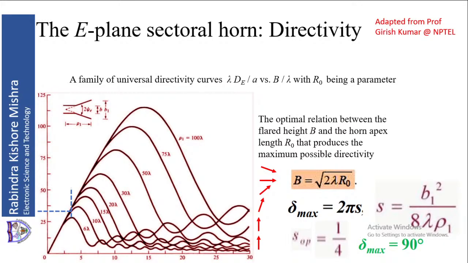Then the other point is we'll consider the principal plane pattern, and we'll see what is happening in this case also. As in the previous case, we can sacrifice some gain but with less phase error. So we go for less phase error, so efficiency will increase, as in the previous case.